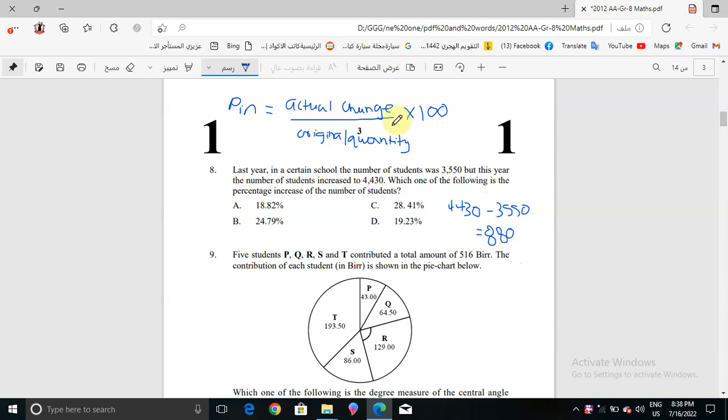Now we will use this formula, like 880 over 4430 times 100. Now we'll cut 0 by 0, and after dividing it you will get 19.23%. So that means our answer is in choice D.